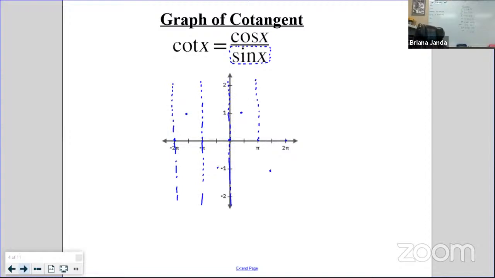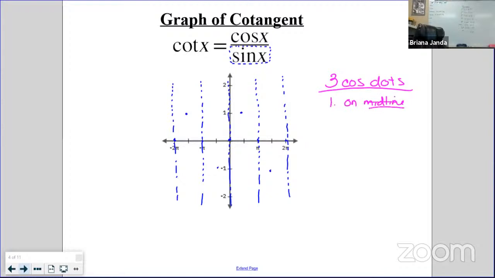The same argument that I had for tangent as to where I put that first dot happens with cotangent. It is 0 when cosine is 0, and cosine is 0 exactly halfway between our asymptotes. So our 3 cosine dots, again, will be on the midline.